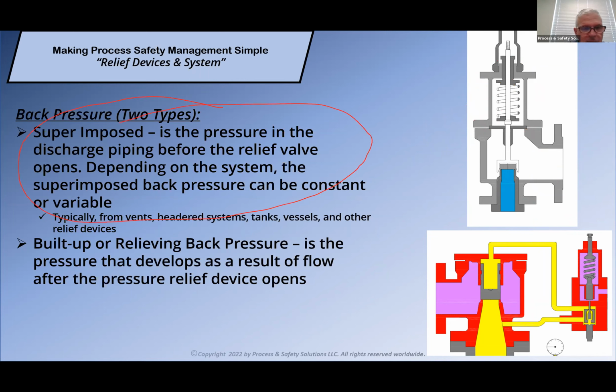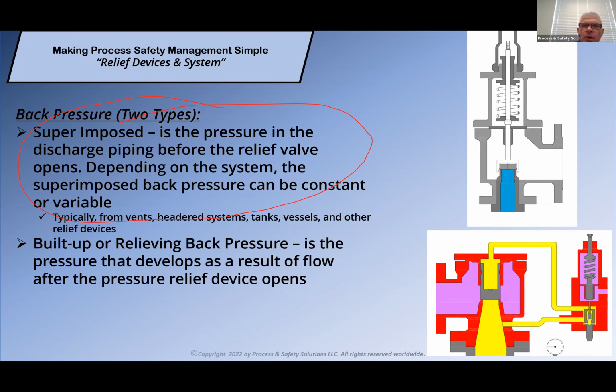It typically, again, comes from vents, header system tanks, vessels, and other relief devices as well. So if you have your system headered together, with more than one relief valve relieving into the same header, when one is relieving, the other could be affected by the back pressure and not relieve as well.